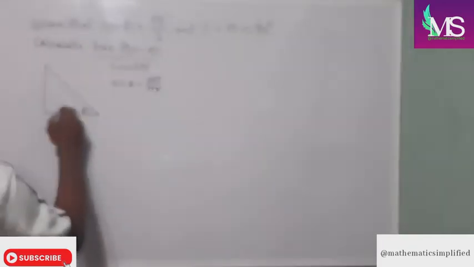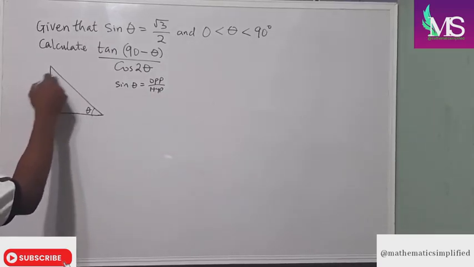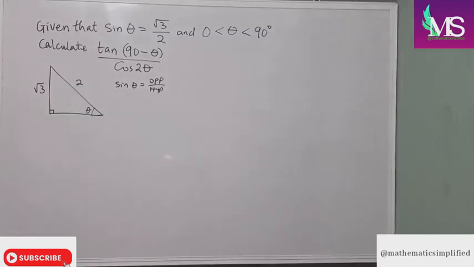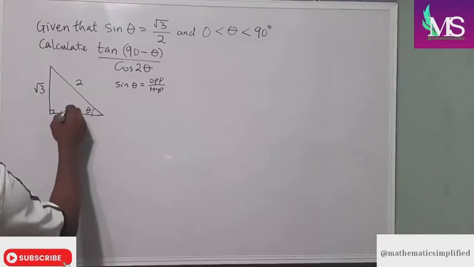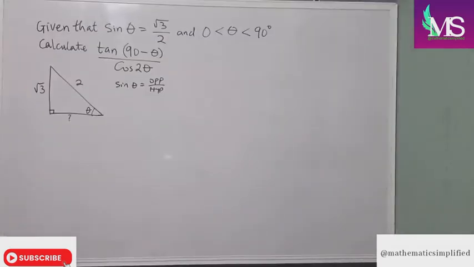So if this is theta, our opposite is root 3 and our hypotenuse is 2. Now we need to find our adjacent, since we are asked to find tan and cos.